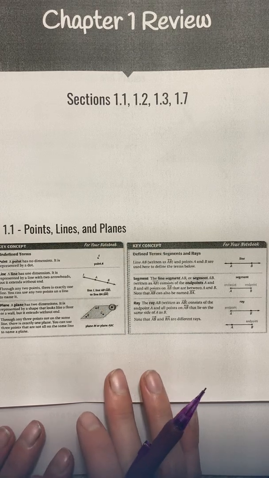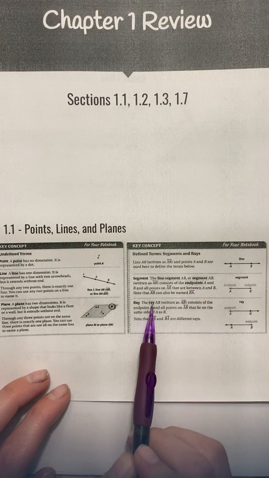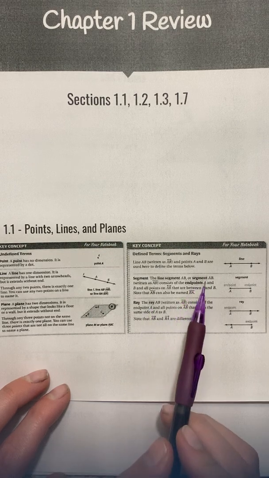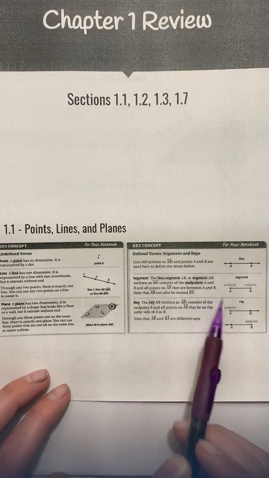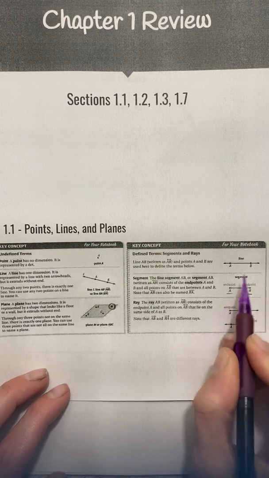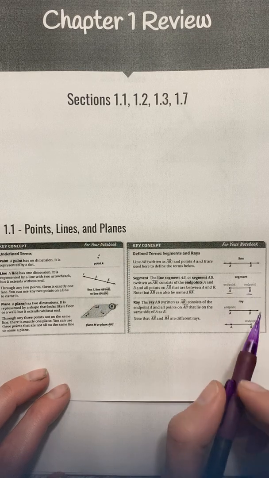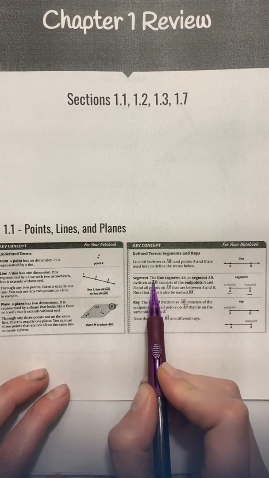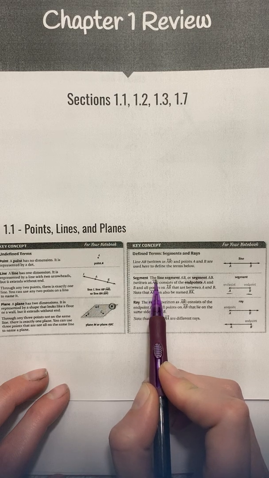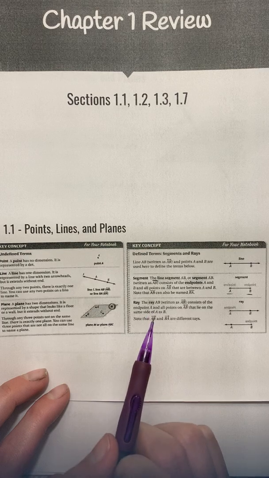On the other side, we have segment, end point, and ray. So a segment is just a piece of a line, okay? It's gonna have 2 endpoints, which means it has a starting point and it has a stopping point, okay? Whenever you label that, just notice this straight line on top, but there's no arrows.